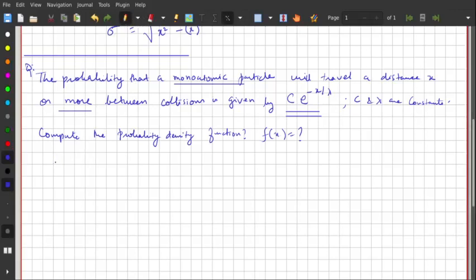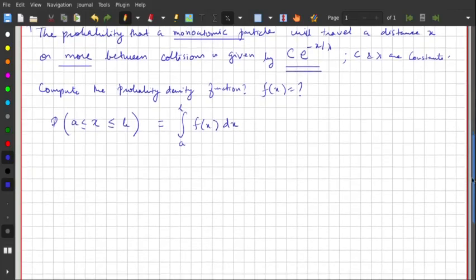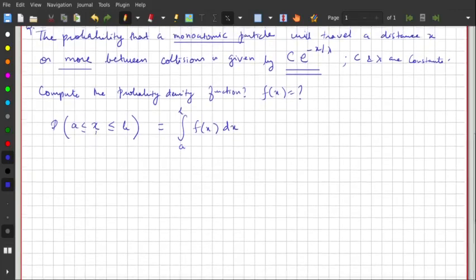The probability that x lies between two states a and b is given by the integral from a to b of f of x dx. That's the generic way that we understand: the probability of finding x in the range a to b, given the probability distribution f of x. But now what we are asking is that the particle will travel a distance x or more.